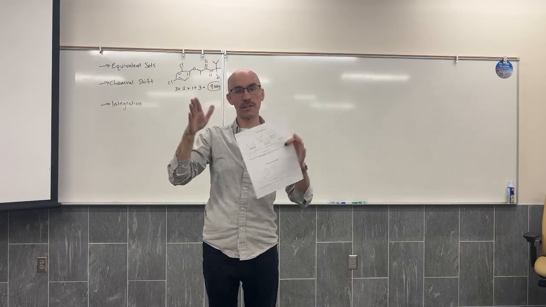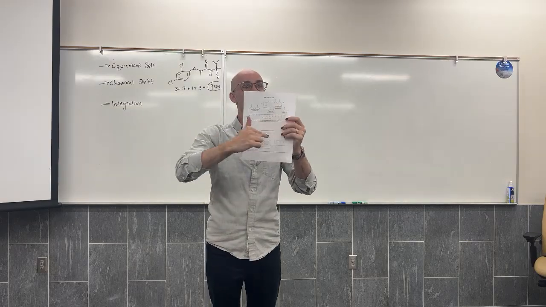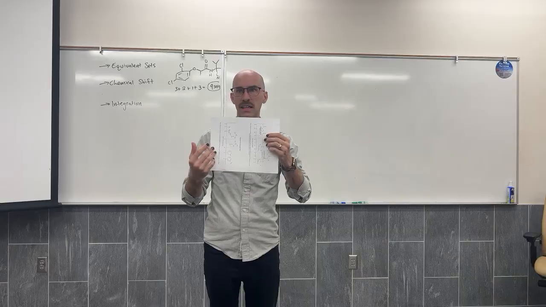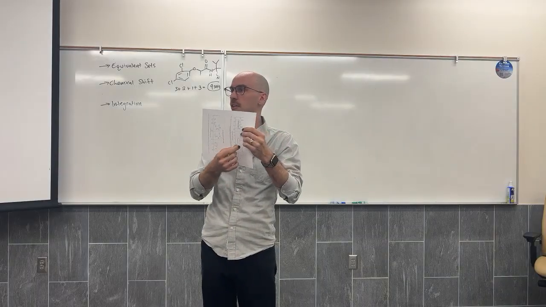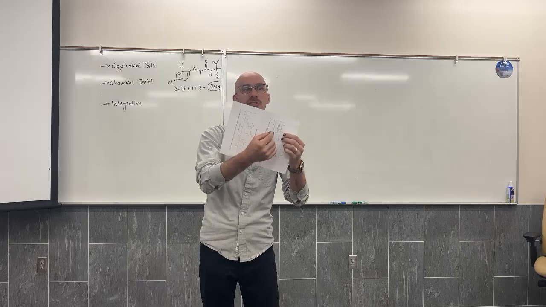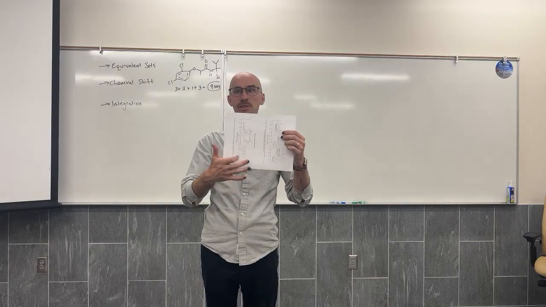And then there are other correlation tables that are kind of in the middle, where it gives you an entire spectrum, but it's maybe just the size of the page. And it says, you might see alkane in this range, and things adjacent to aryl groups in this range, and things adjacent to chlorines in this range.